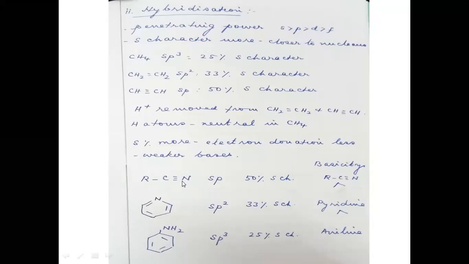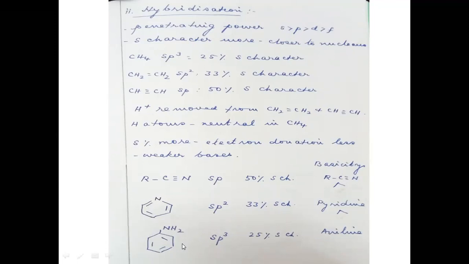So nitrogen becomes less basic in the case of cyanide, whereas pyridine is comparatively more basic than cyanide. Whereas aniline is the most basic one because it has only 25% S character, so the electrons can be easily donated.